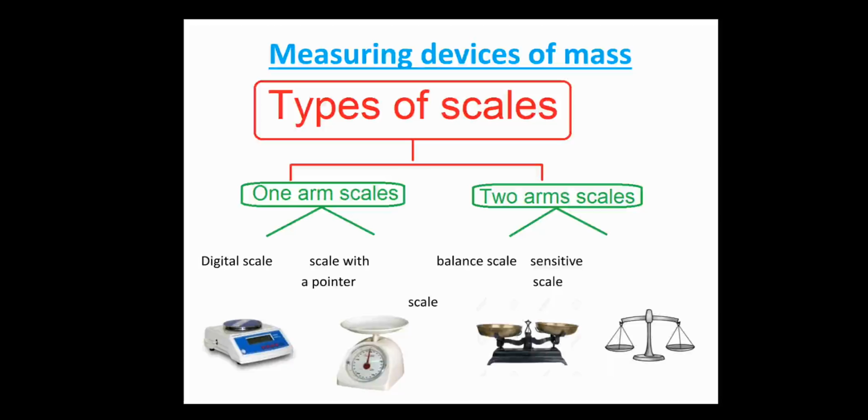So let's revise from the beginning. What is the definition of the mass? Mass is the amount of matter in an object. And there are two units for measuring mass.